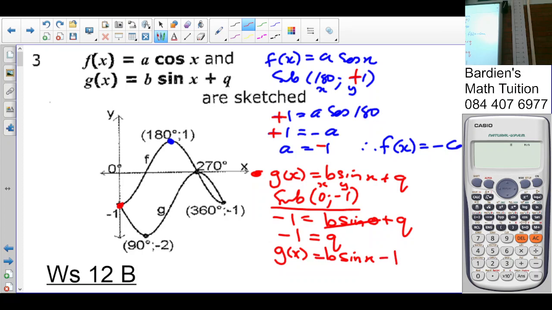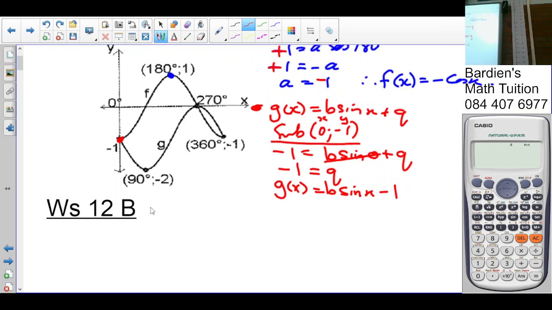So what do I do now? Substitute a different point that's lying on this graph. You could have used either 270 and 0, or 360 and minus 1, or 90 and minus 2, which is what I'm using. Again, that's an x and a y. So negative 2 is equal to b sin 90 minus 1.